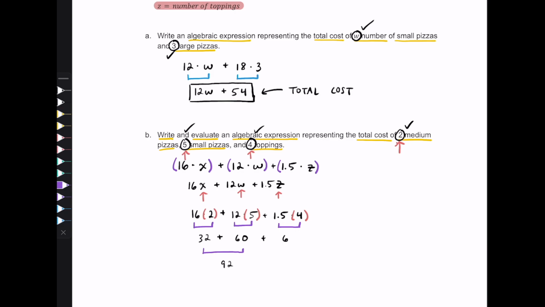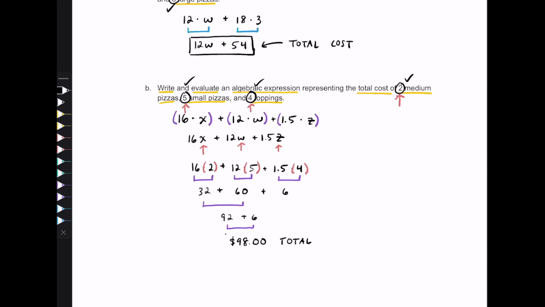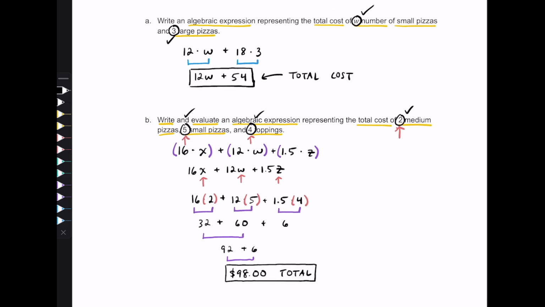And I'm just going to bring down this $6 for all the toppings. And then if you add up the cost of the pizzas plus the cost of the toppings, we're going to get a total cost of $98 total. That's what the cost would be for this amount of small and medium pizzas, and then 4 toppings.